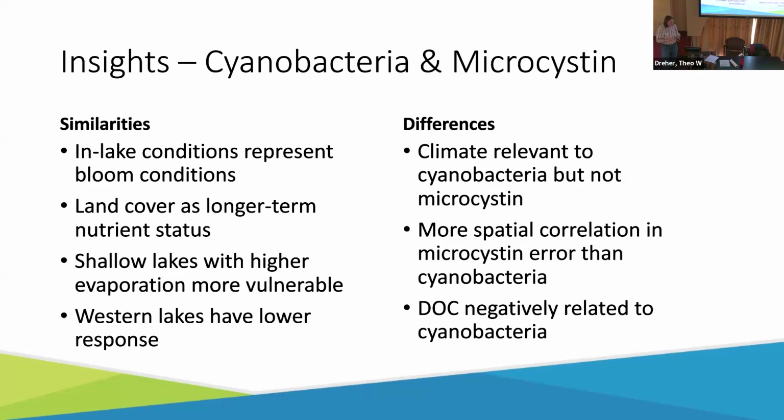And I thought it was also very interesting that DOC was negatively related to cyanobacteria. But when you go out across the country and sample 1,000 lakes, you can end up with some lakes that have staggeringly high DOC concentrations that may or may not have high cyanobacteria. But in our data set, they tend to not.